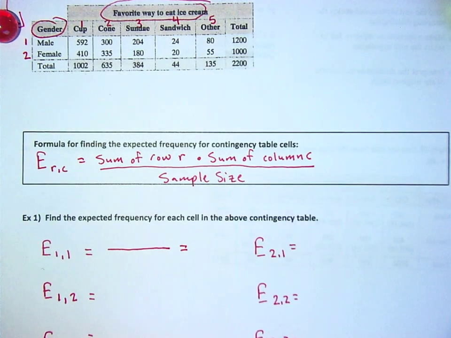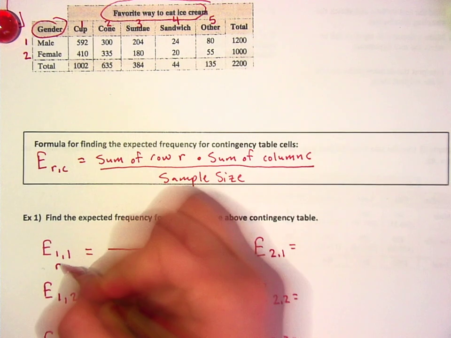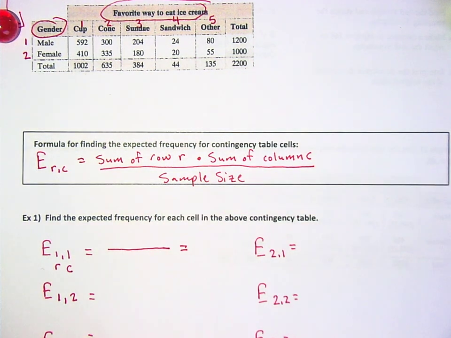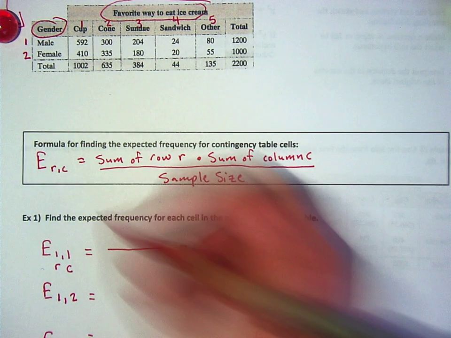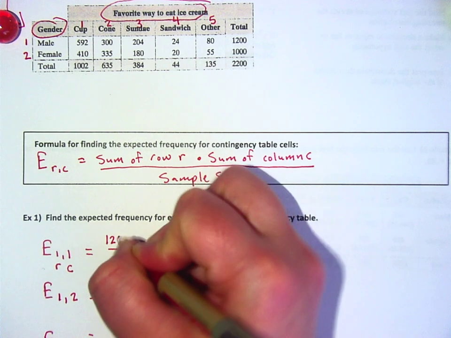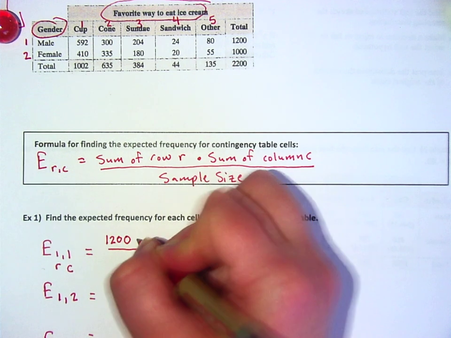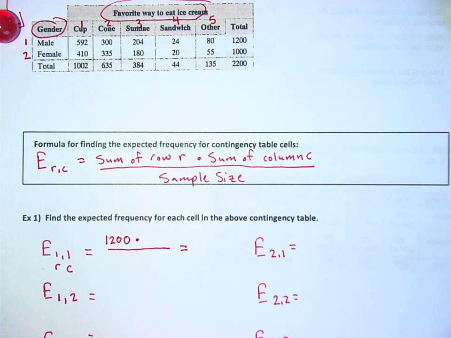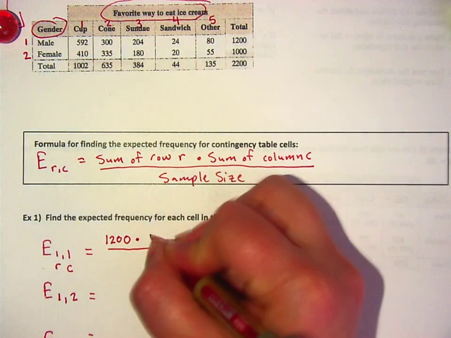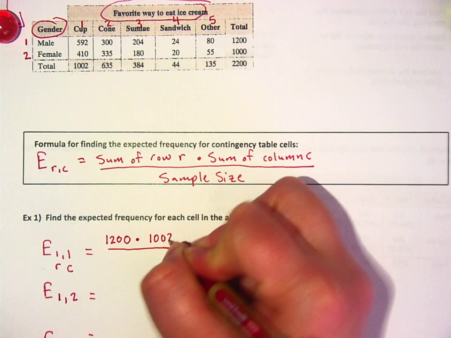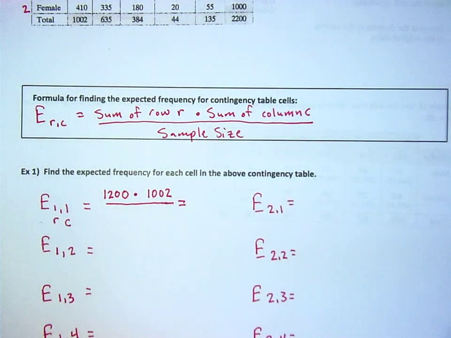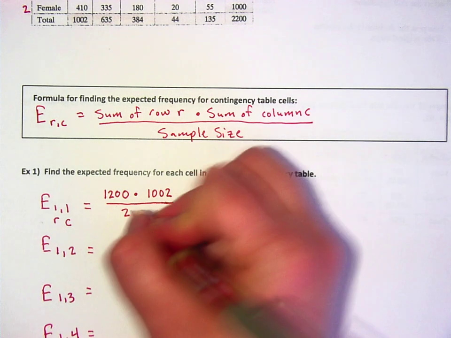I need the sum of row R. That means my row is 1 and my column is 1. So my first row, the sum of that is 1,200. I'm going to multiply that by the sum of column 1, which is 1,002. And then divide by the total, which is 2,200.